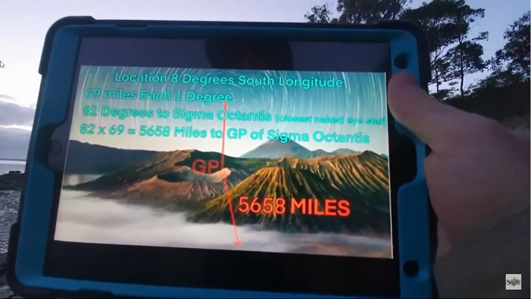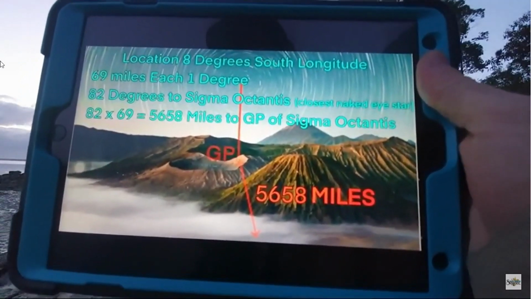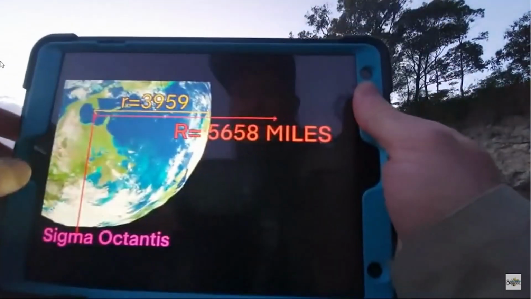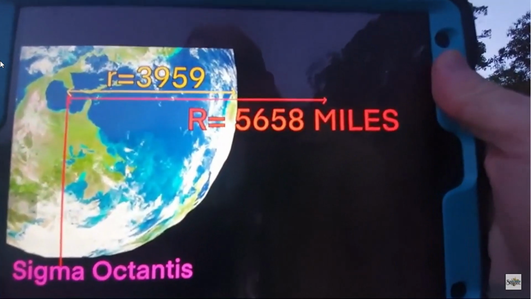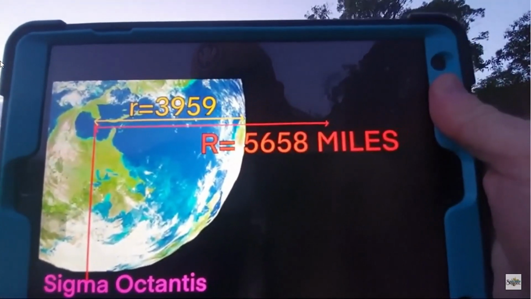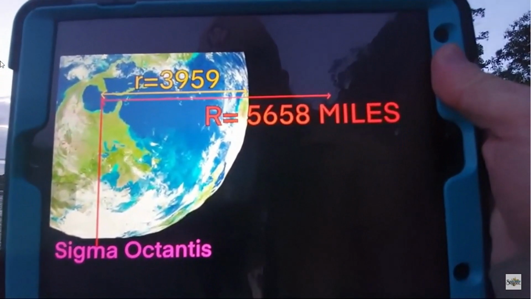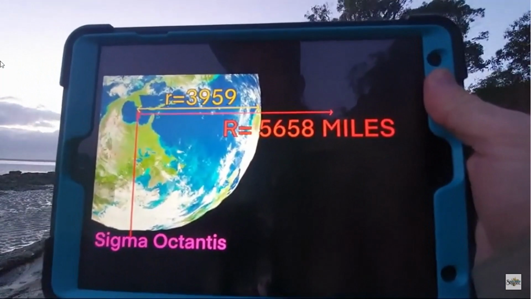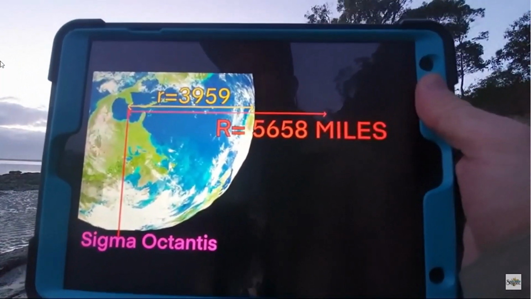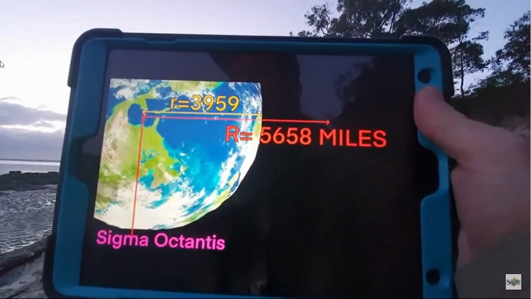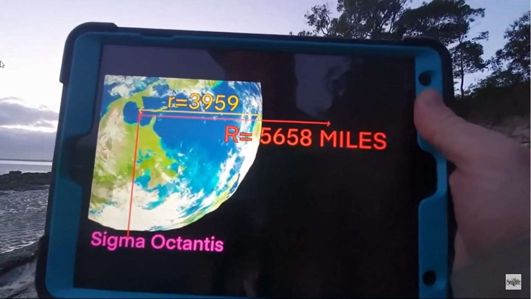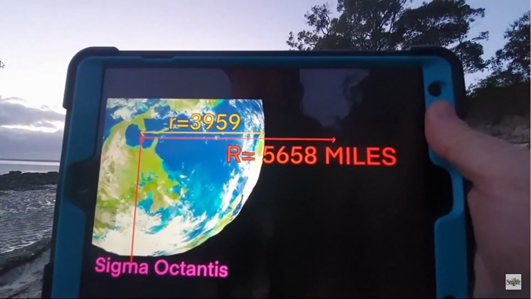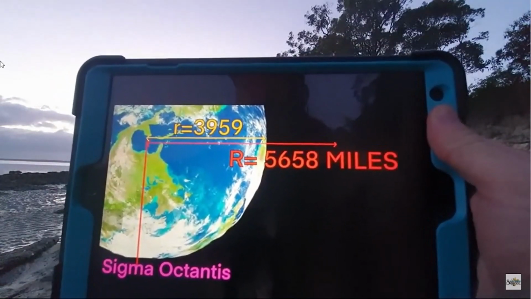5,658 miles. Now, yeah, that's a pretty large distance, isn't it? But let's put it into perspective. So what is the radius of your presupposed spherical Earth? 59 miles. And what is the distance, the radius of the area of equal altitude that we've just measured? Yeah, 69 miles per 1 degree, as you guys like to say. Yeah, the radius of that area of equal altitude, absolutely flat, is 5,658 miles.